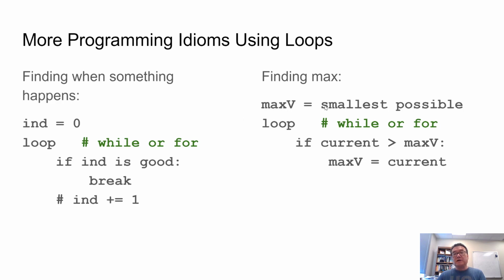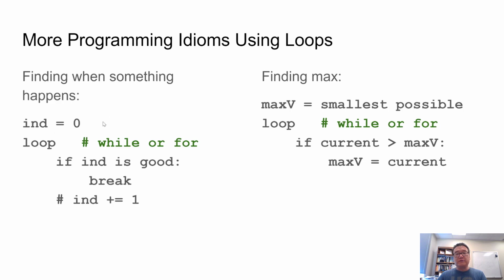Here we initialize this to be the smallest possible value, or just a very, very small value, so that all the elements will be bigger than that. So the moment we see the first element, this will be assigned to the first element. We can also assign the first element to this, assuming that we know at least one element exists. So that's also fine.